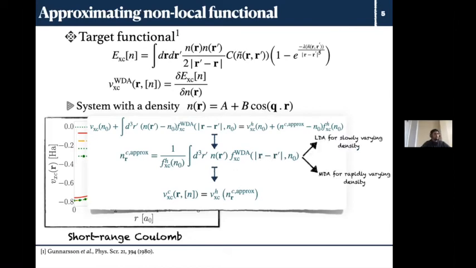And also, for slowly varying density, we can take the density out of the integral, and so we get the LDA, which is correct for this limit. For rapidly varying density, this approximation tends to the mean density approximation, which is for a periodic system. And in the general case, the connector interpolates between these two limits.